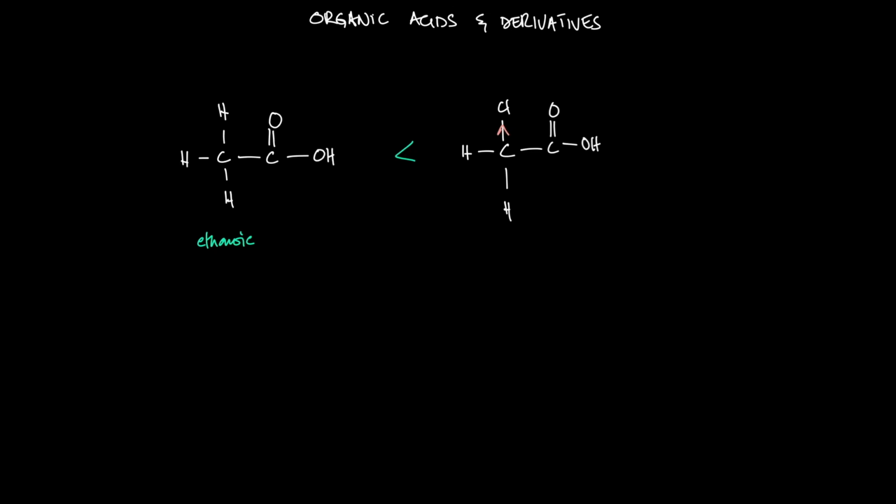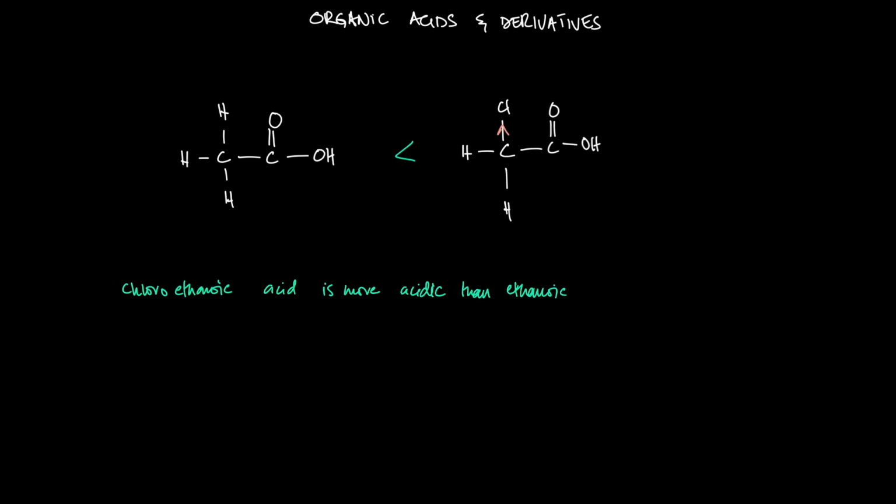So over here we can say that ethanoic acid is less acidic, or we can say that chloroethanoic acid is more acidic than ethanoic acid. Okay.